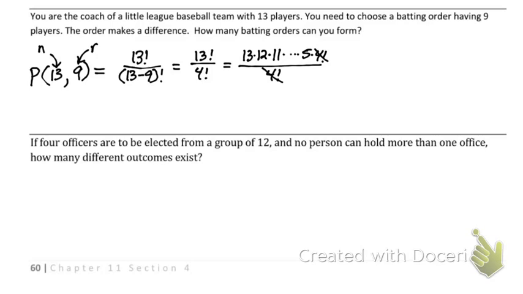So if you're doing 13 times 12 times 11 times 10 times 9, 8, 7, 6, 5, you stop at 5 and you should come up with the right answer. If you plug that in correctly in your calculator, you should come up with 259,459,200 possible ways you could have that lineup set.